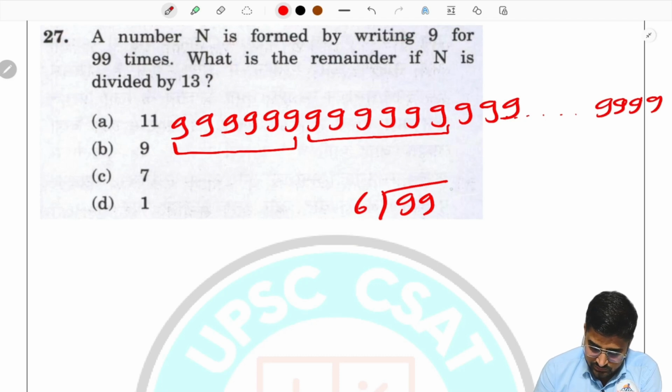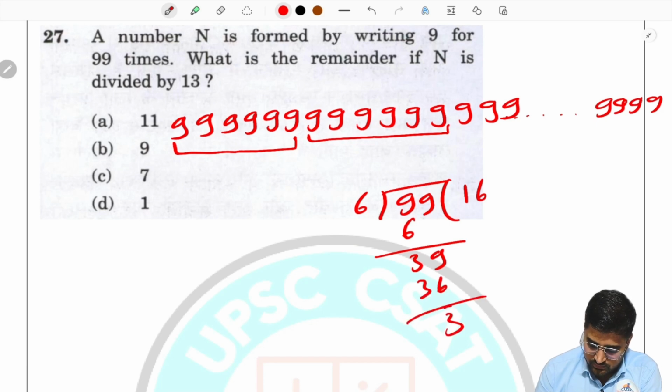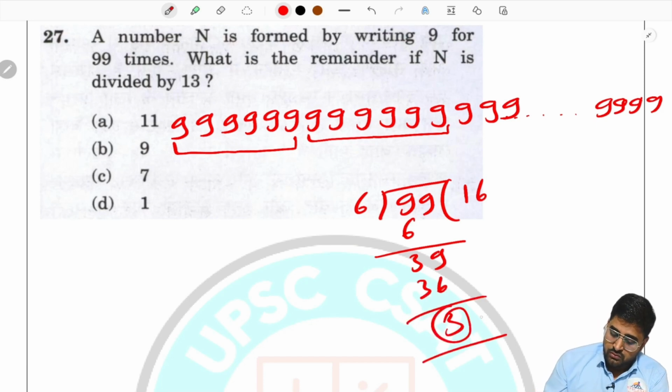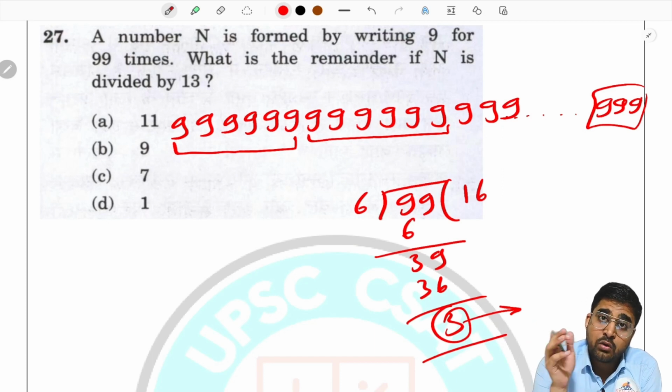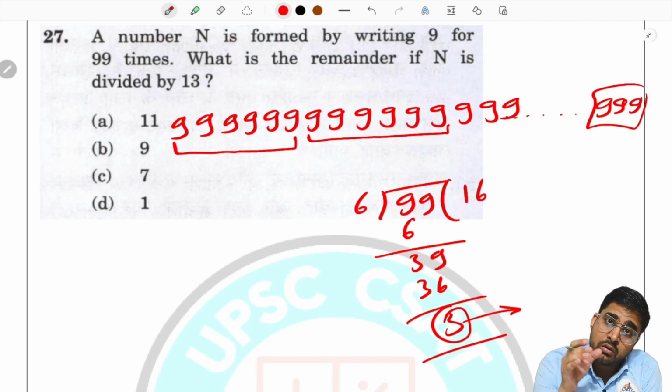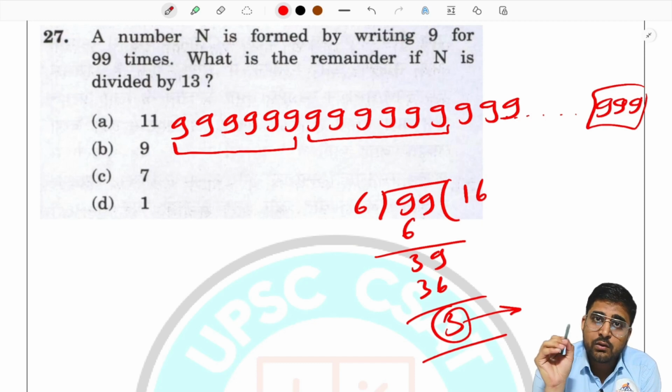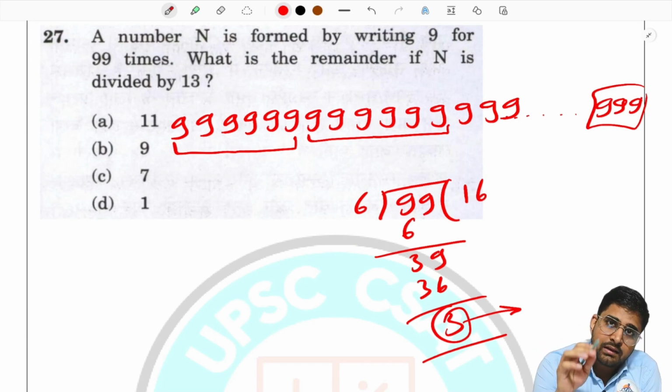It's an easy calculation. 6 times 16 is 96, and 3 remains, which are not in a set of 6.